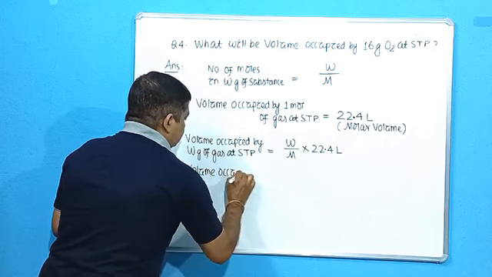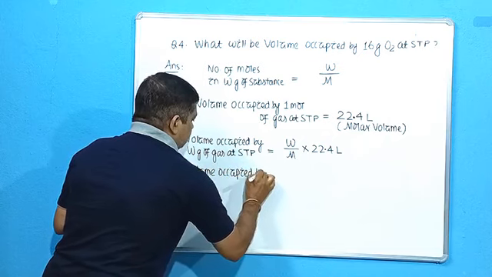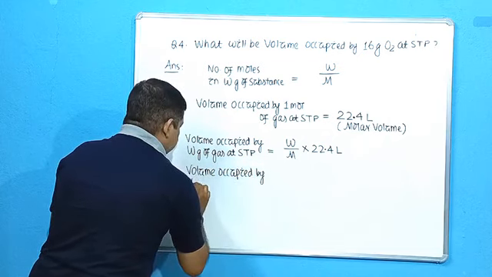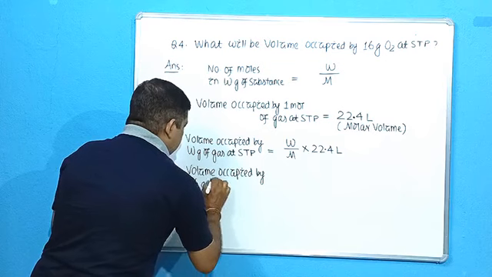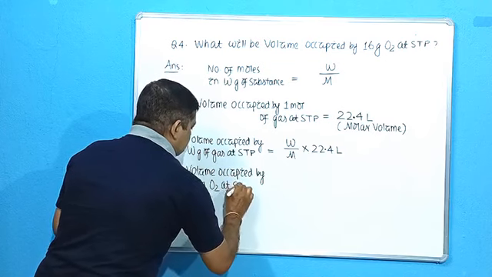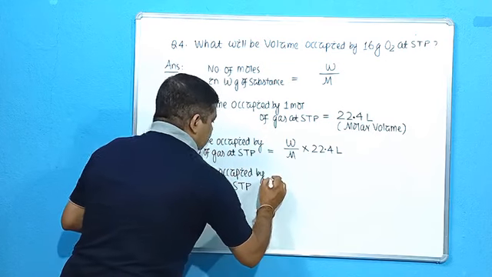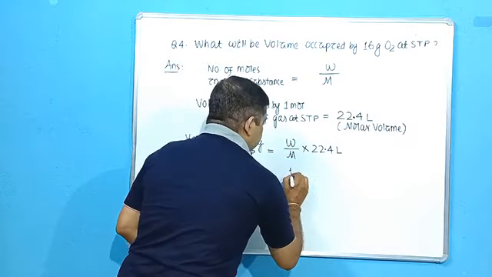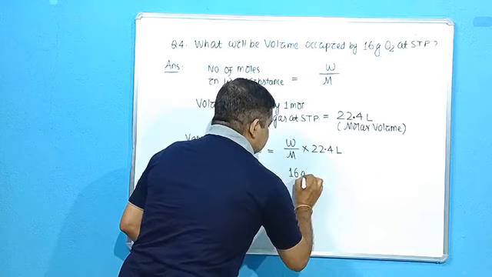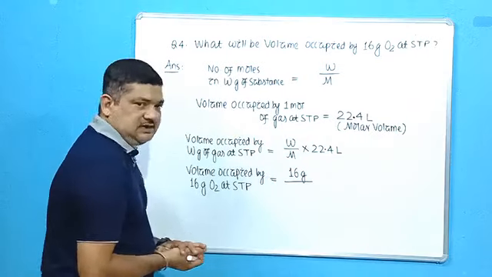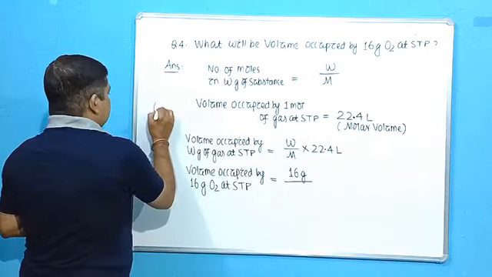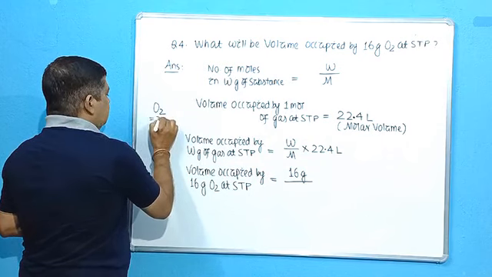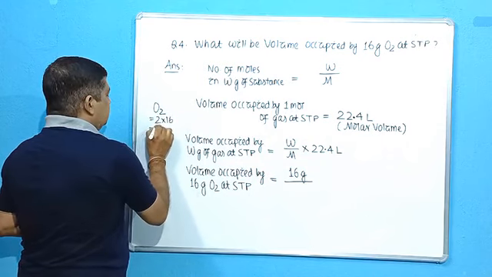The volume occupied by 16 gram O2 at STP. We will use the formula directly. Given mass is 16 gram. The gas is oxygen. What is the molecular mass? 2 into 16, that is 32.